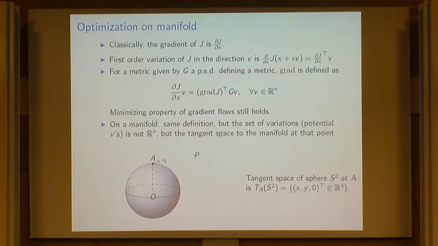If x does not belong to R^n, but to a manifold, the only thing you change is that instead of all v in R^n, you consider only the v's which belong to the tangent space of the manifold at a given point. This is a slightly more complicated definition, but it's not too difficult to work with. And we still have the nice property that we will converge towards a minimum of j, provided that j has nice properties. So this is our program somehow: we're going to compute the gradient of j on this manifold, and then analyze the function to show that it has nice properties.